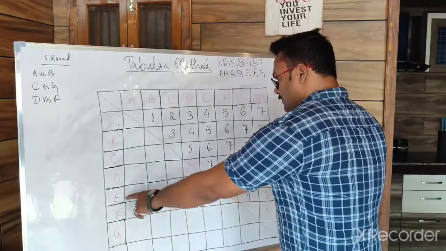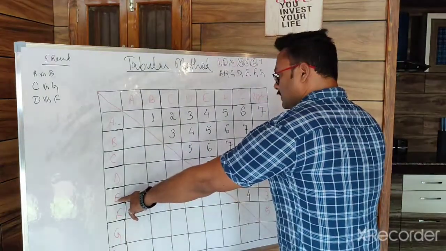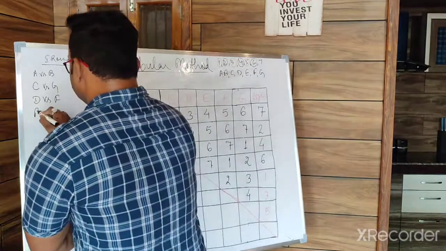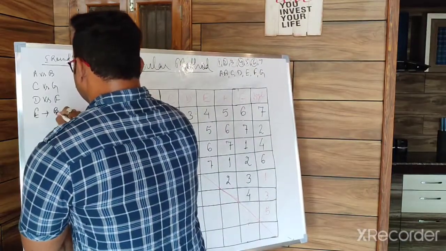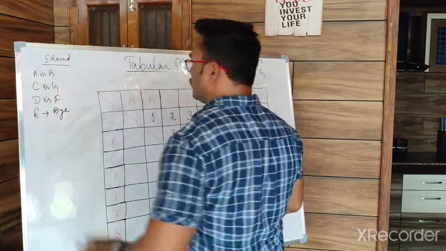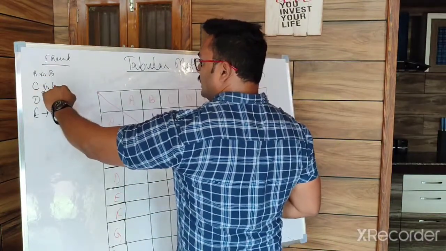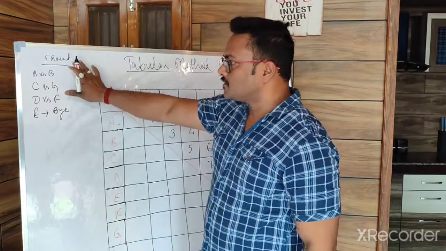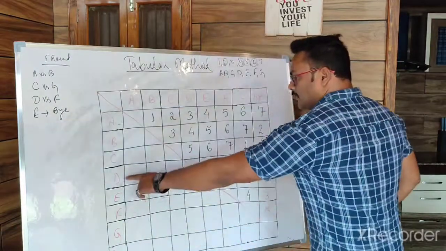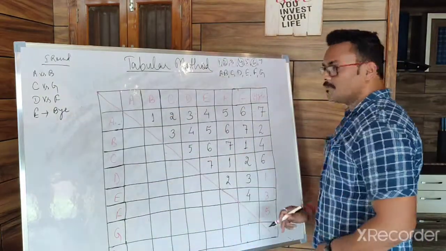Okay, 1 here. Team E will get a bye in the first round. A, B, C, D, F and G have played in the first round and E has got a bye. You can see E has got a bye.